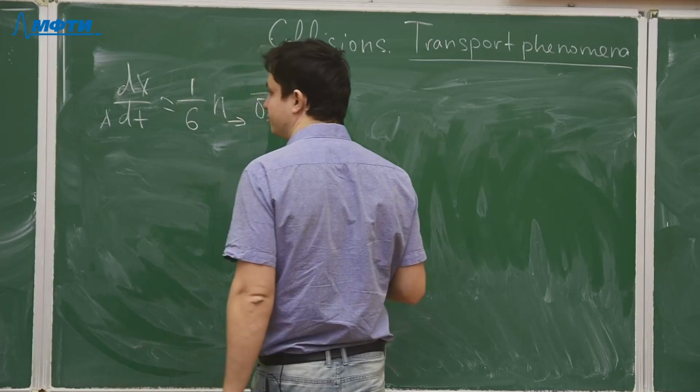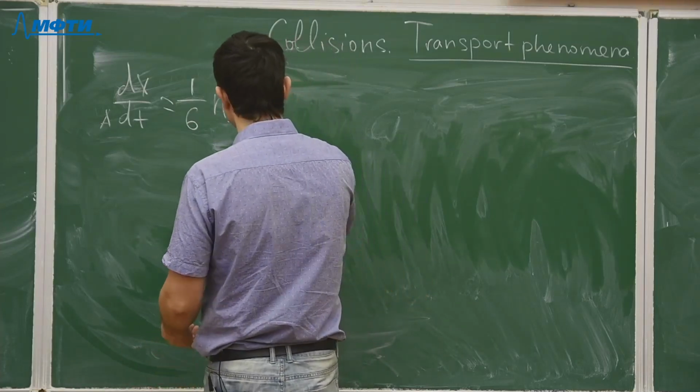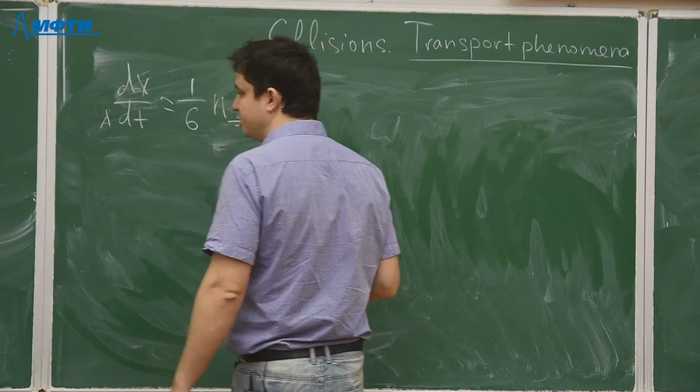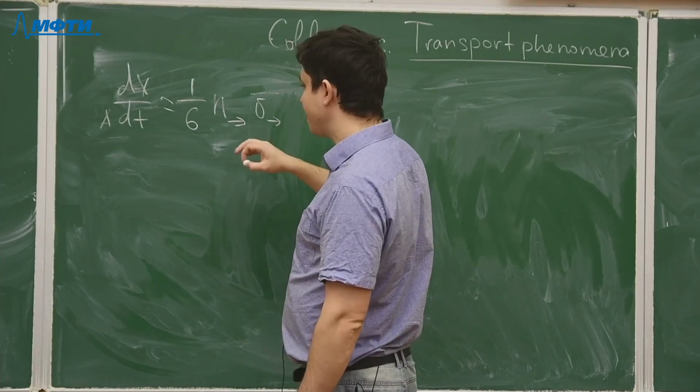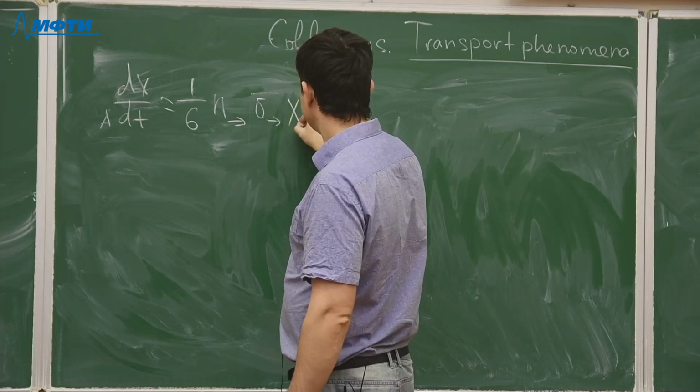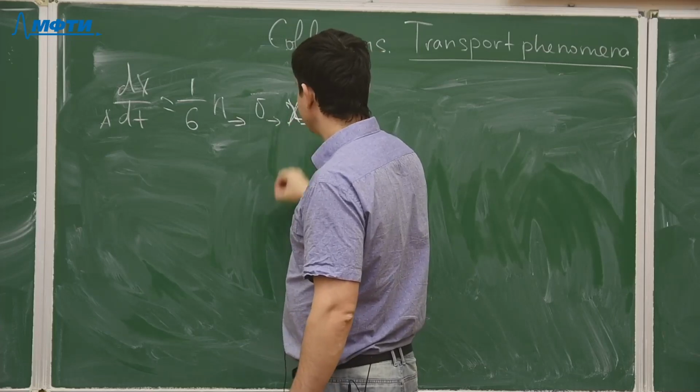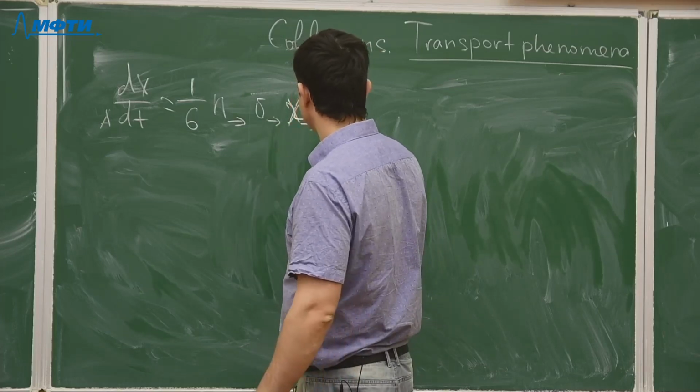And of course, you might understand that if the temperature is different, then this mean speed would be different too. And also multiplied by x carried by each of these molecules.